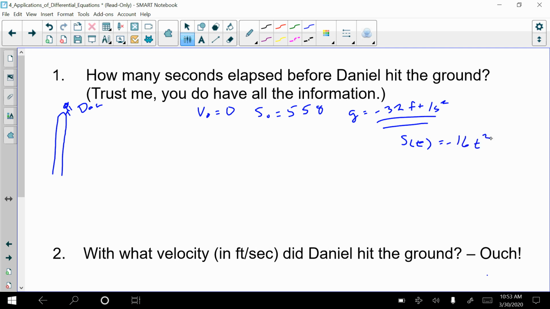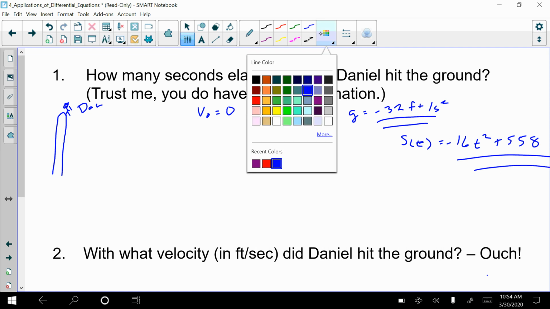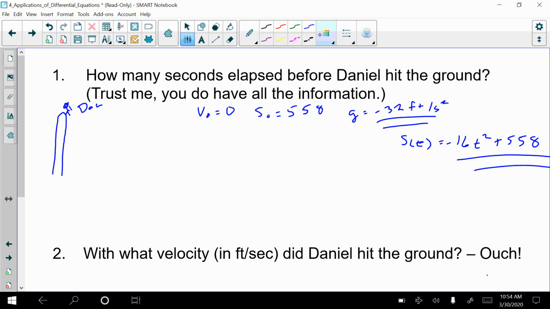We know the initial velocity is 0 and the initial position is 558. We could really just start off with that and solve for time from there. But because we're talking about applications of differential equations, let me show you how we can use the calculus to arrive at the same conclusion.